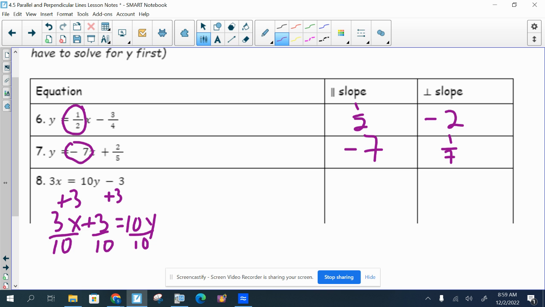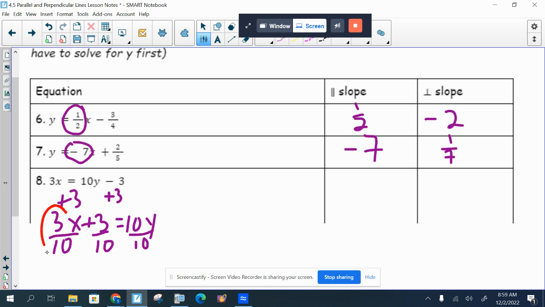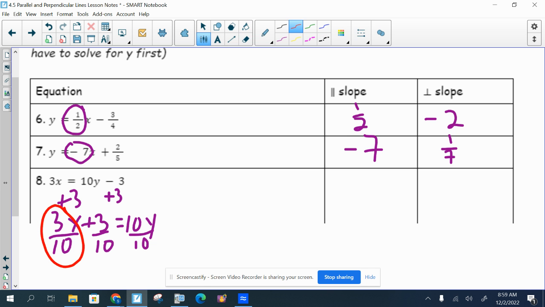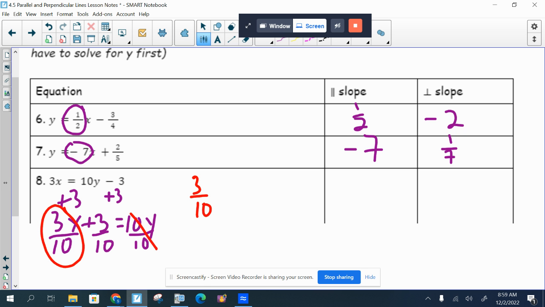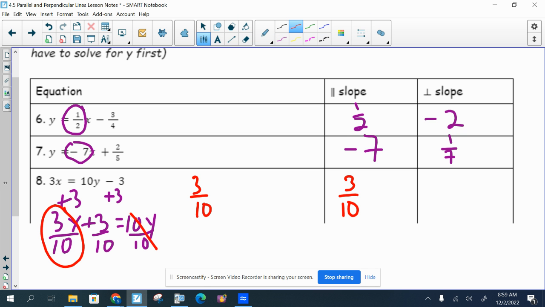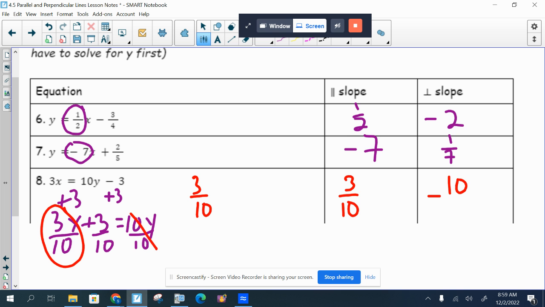You're not worried about that. You just want to figure out the slope. So it's not like you have to solve the entire question completely. You just want to get it down to solving it for y and figuring out the slope. So here the slope would be 3/10. So the parallel slope would be 3/10, and the perpendicular slope would be the opposite reciprocal, so -10/3.